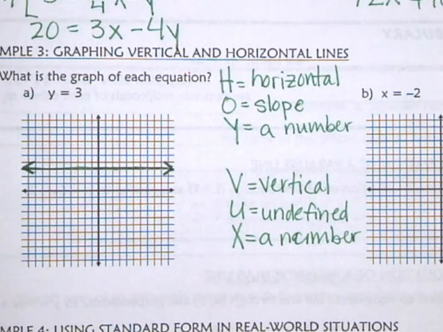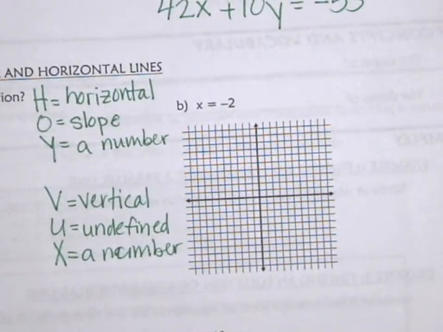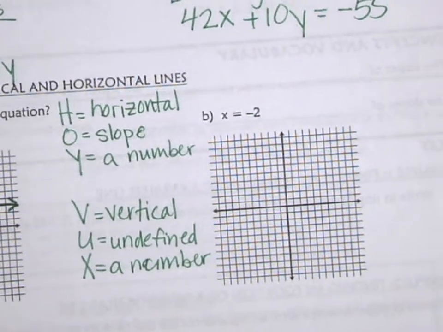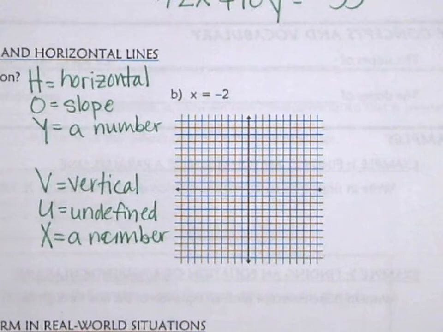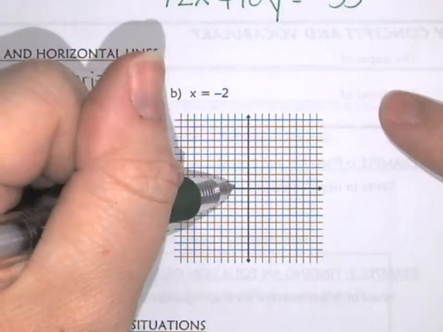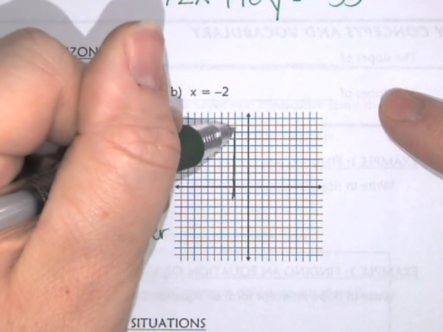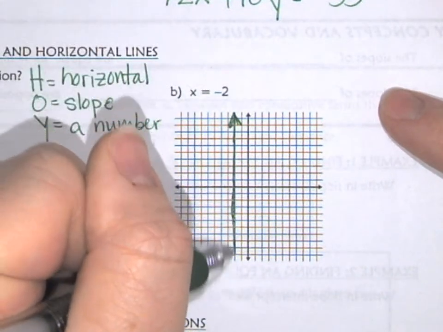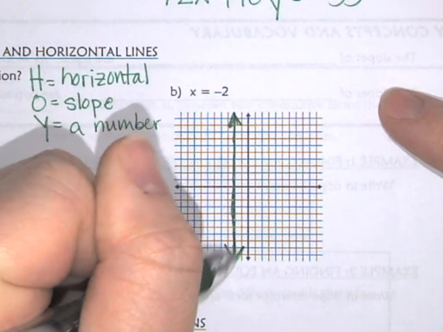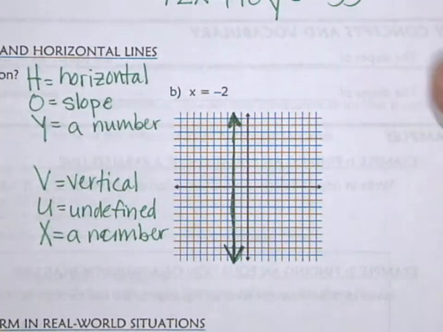For a vertical line, I'm going to have x equal to a number, just like in example B. Okay, so x is equal to -2, and I get a vertical line. So that's how you do horizontal and vertical lines. If y is equal to a number, it's going to be horizontal. If x is equal to a number, it's going to be vertical.